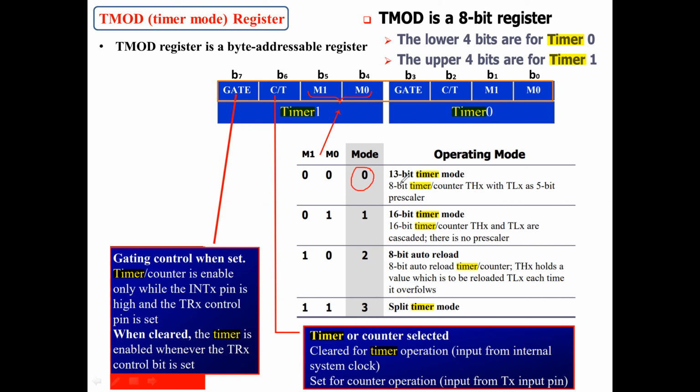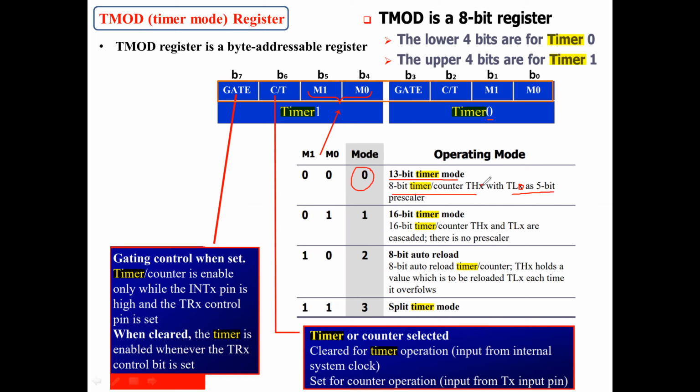Already I told you, timer 0 and timer 1 registers are 16-bit. Out of that 16-bit, we will be using only 13-bit timer mode, that is, 8 bits in THx and 5 bits in TLx, where x stands for 0 or 1.